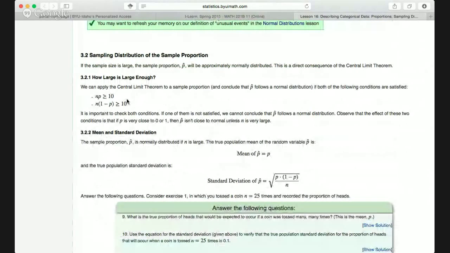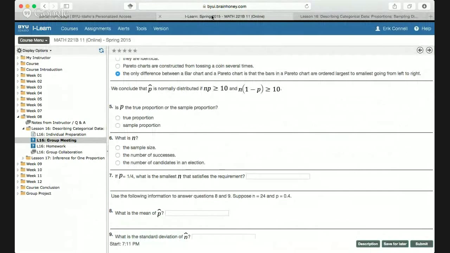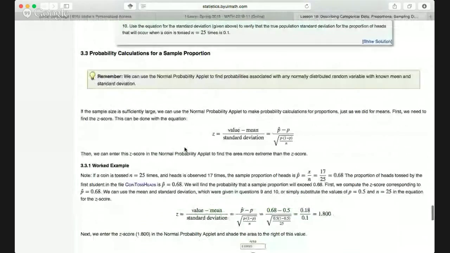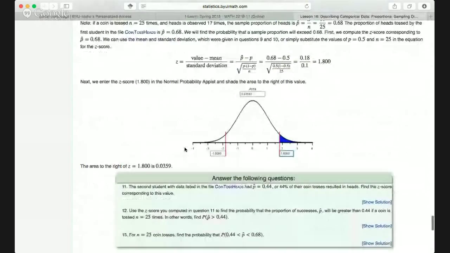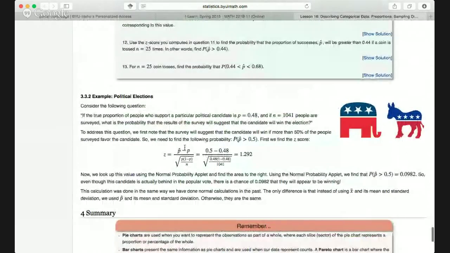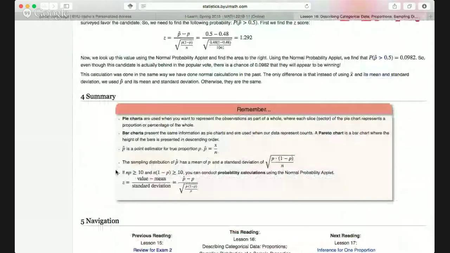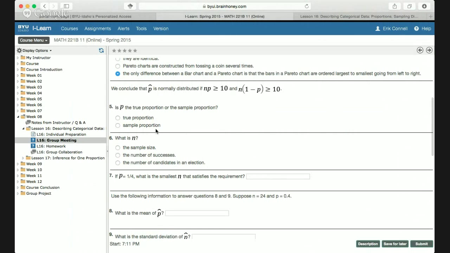I think it's the same, but okay, where p is the true population proportion. So p hat must be the sample. Is that what you're getting? P hat is a point estimator for the true proportion P. Yeah, and p is the true population proportion.